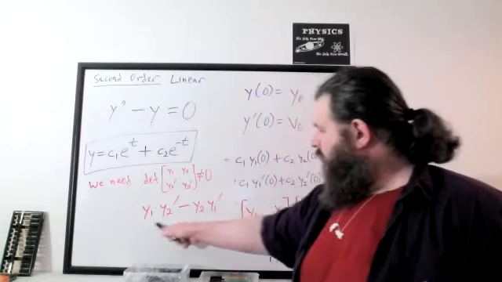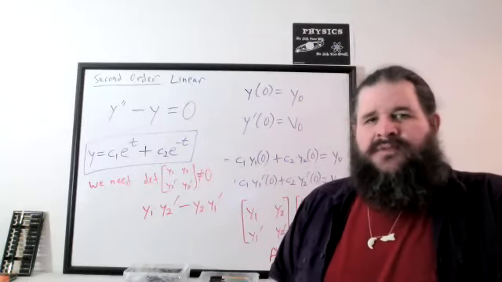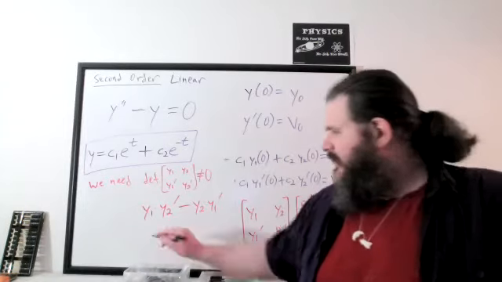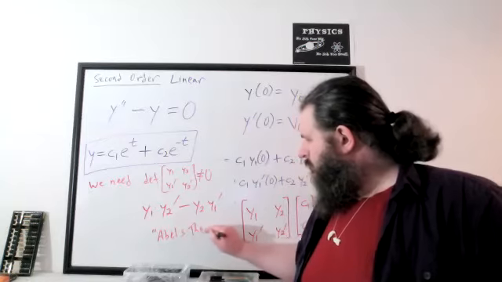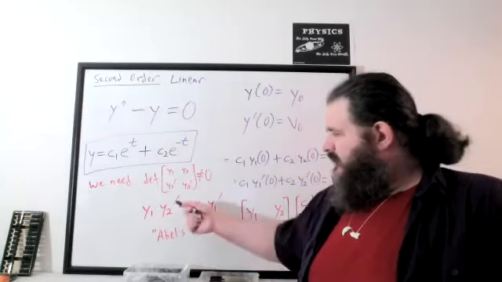So as long as this calculation results in something that's not 0, specifically at the initial conditions, but it can be demonstrated, I think it's called Abel's theorem, that this determinant is going to be either always 0 for all t values or never 0 for any t values. So it doesn't really have to be specifically at the initial conditions. You can just check this anywhere. It'll be either always 0 or never 0.